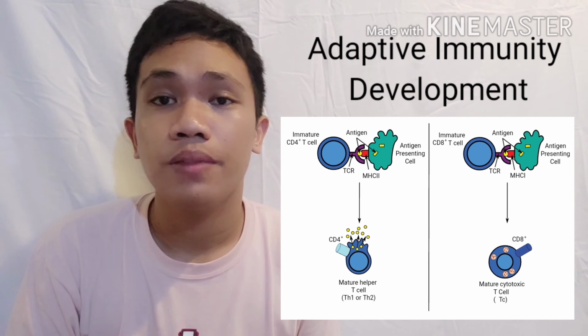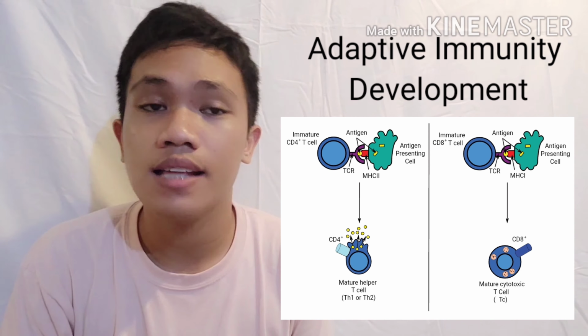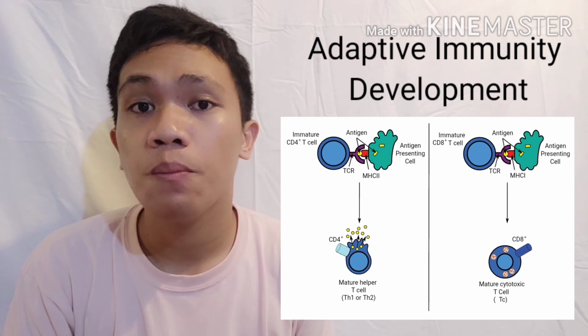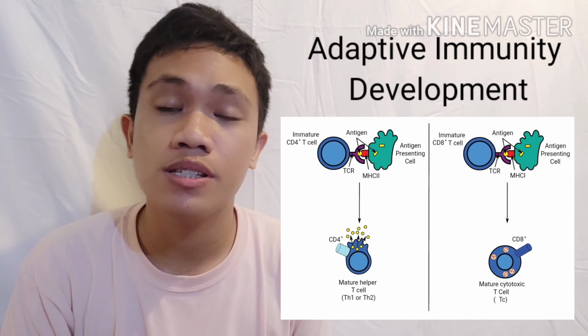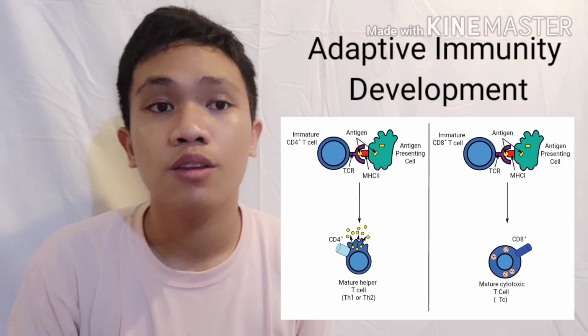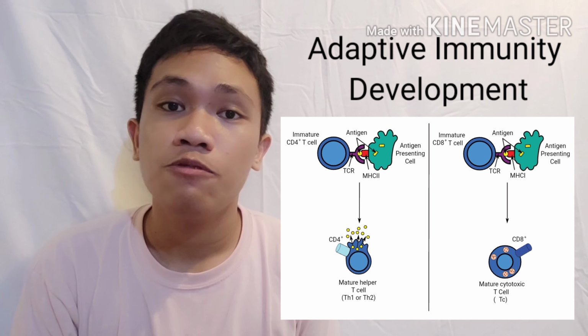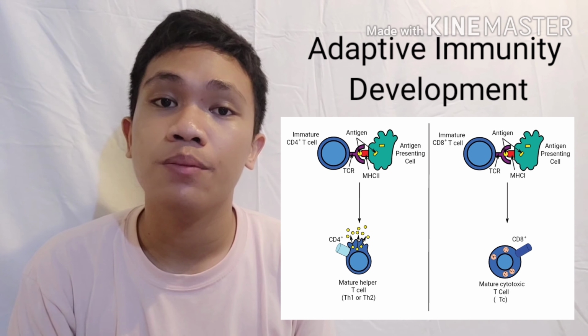In the fourth step, the antigen is presented to immature helper T cells and cytotoxic T cells through binding the MHC2 or MHC1, to the T cell receptors of the helper T or the cytotoxic T cells. In the fifth step, the T lymphocytes mature and proliferate.